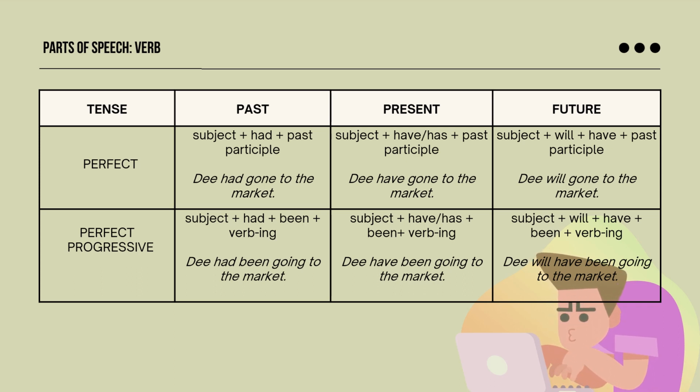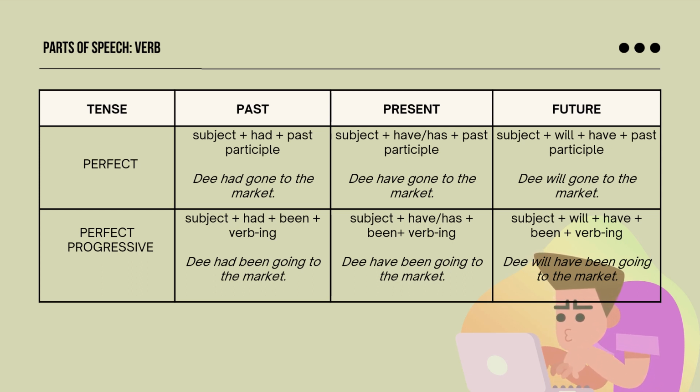Before we proceed to the next slide, let us do a recap of the four aspects of the tenses. The simple is just a simple verb in the past, future, or present tense. The progressive is the same as the simple tense, except that the verb is added with the suffix -ing.